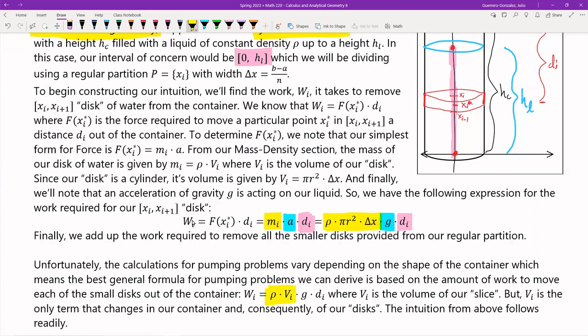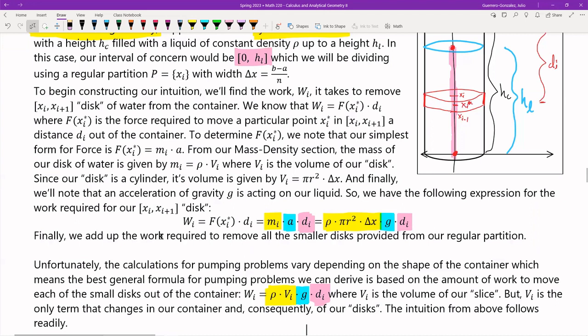This is my mass, this is my acceleration, and this is my d_i, the distance to move a specific slice of water out of the container. The intuition from here on out follows just as readily. The only difference is the container.